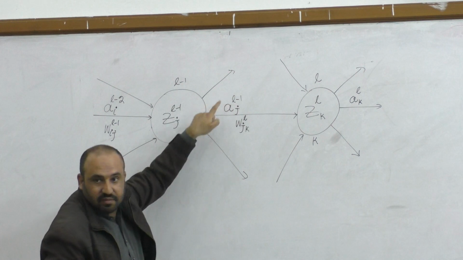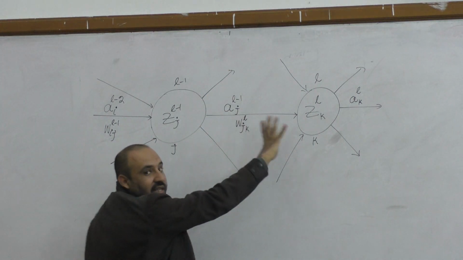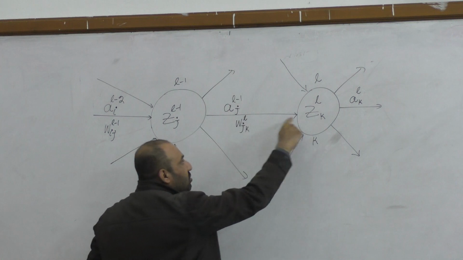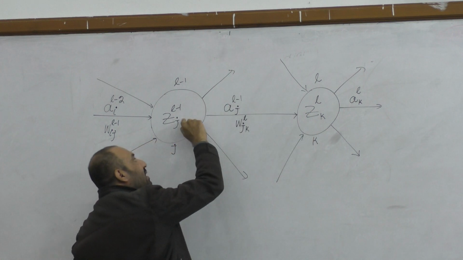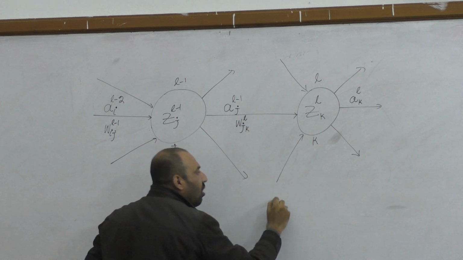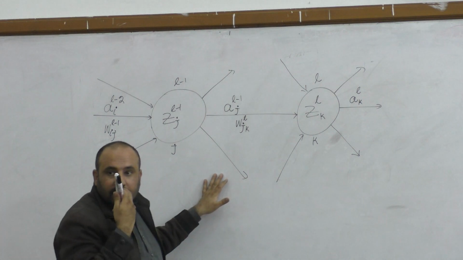That output is this. This output is fed to every neuron in the next layer. One feeding is to this neuron. So this neuron will take output of this neuron as well as outputs of several other neurons of this layer.